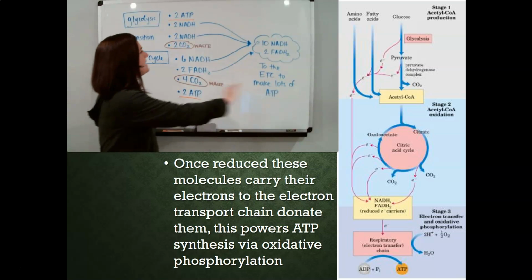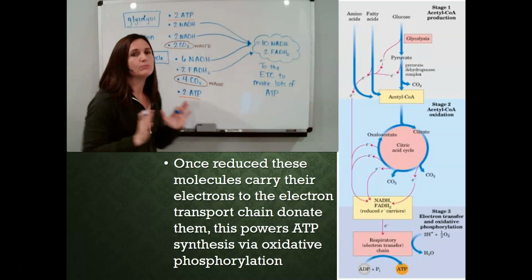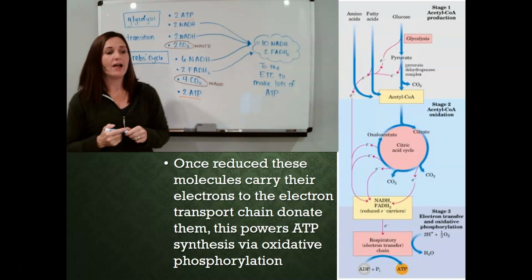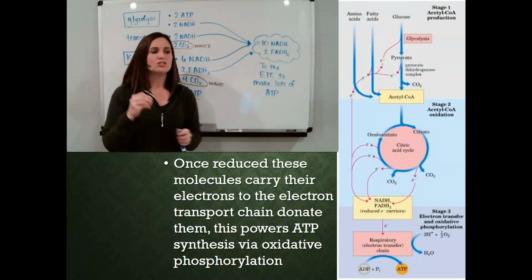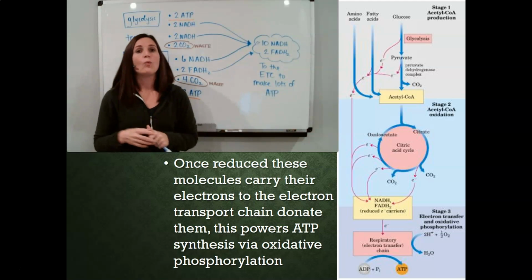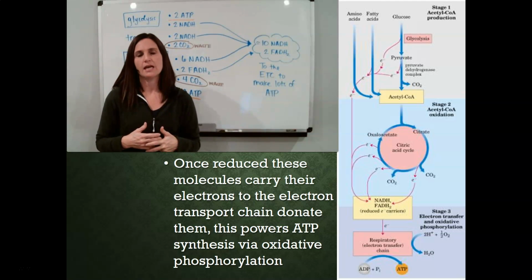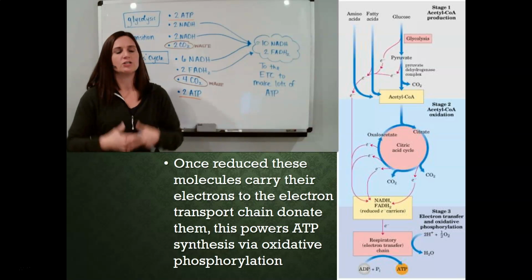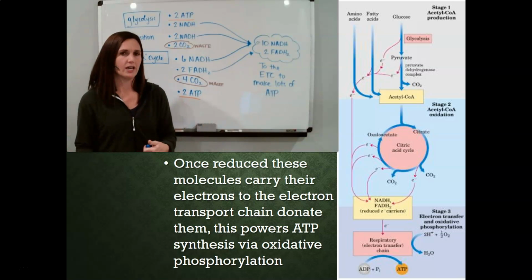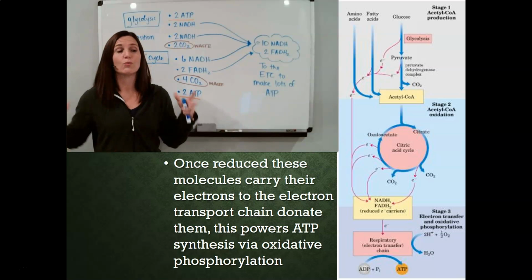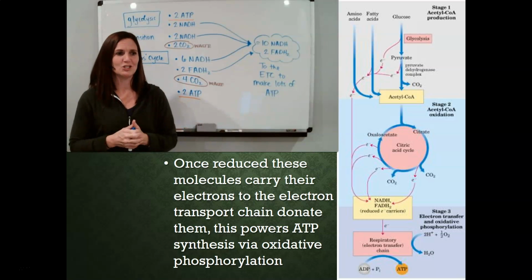But the NADs and the FADs, they're still moving. They're still taking those high energy electrons and they're going to take them over to the electron transport chain where they're going to do something called chemiosmosis. And they're going to do oxidative phosphorylation by the process of chemiosmosis. And so we're going to get some really big terms in just a second.